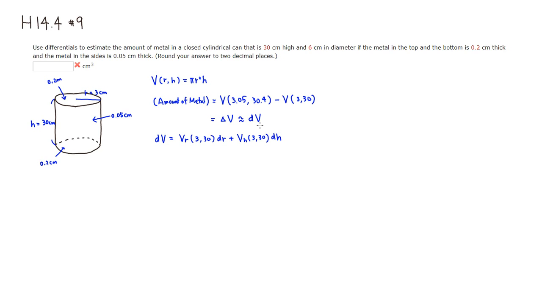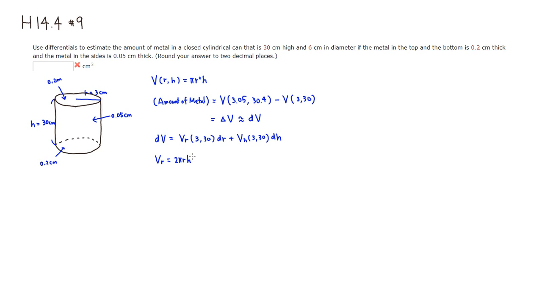So we have to find these values. Let's find the partial derivative with respect to R first, which is simply 2 pi R H.